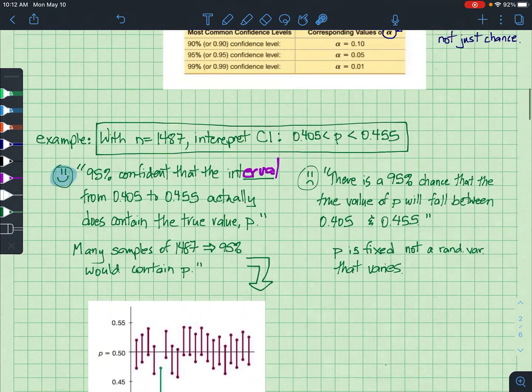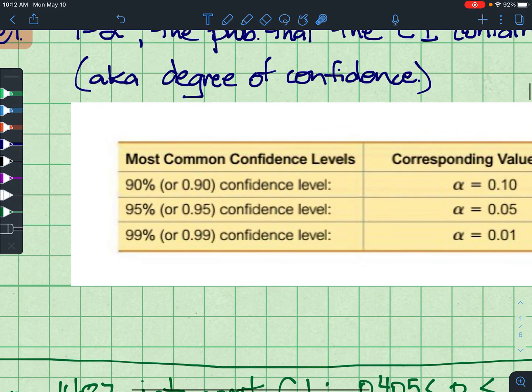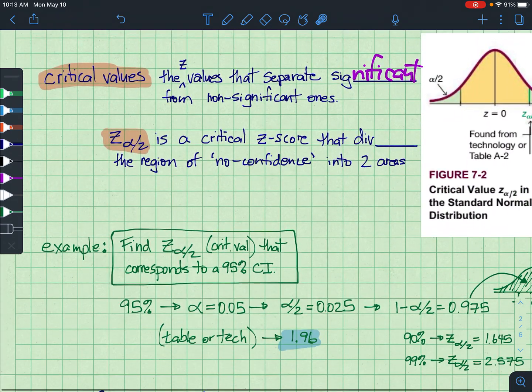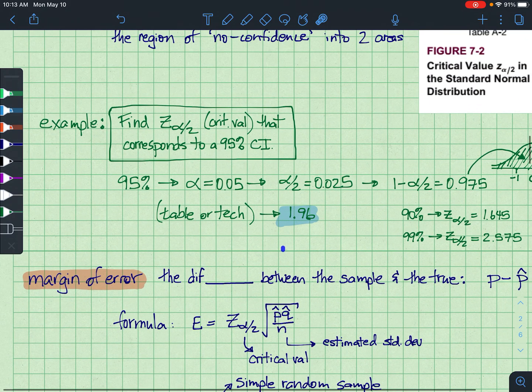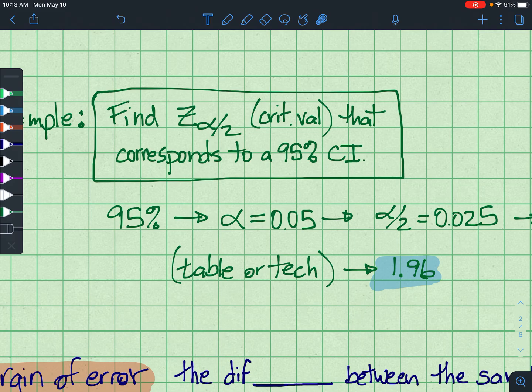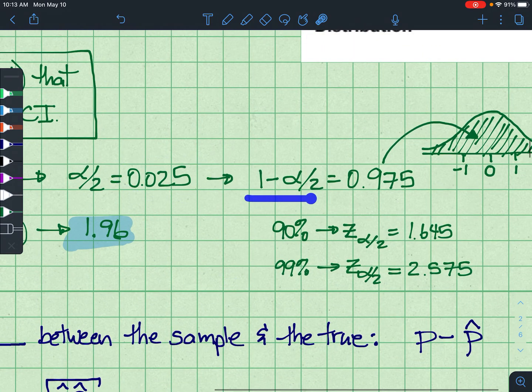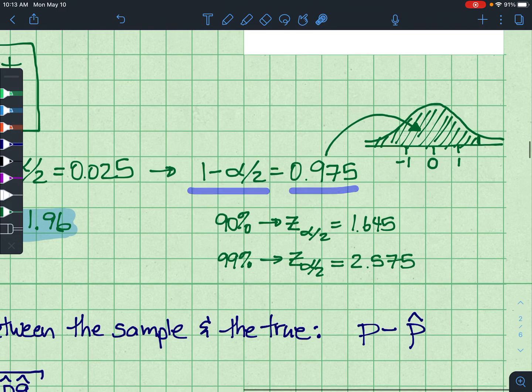Going back, there are 3 main confidence intervals that you need to be aware of. Typically, studies fall into one of those 3 categories. Obviously, the more confident you are, the better the study is, but that typically means the harder it is to reach that level of confidence. All right, so finding that critical value for 95%. So we take 95%, we find alpha. We take alpha, find half of alpha. And then we take 1 minus that, and that gives me 97.5.